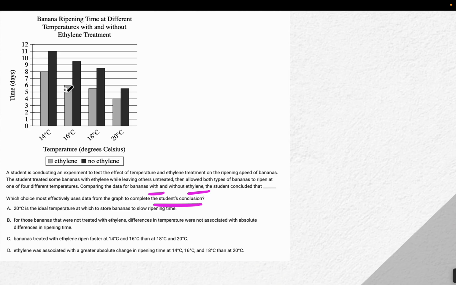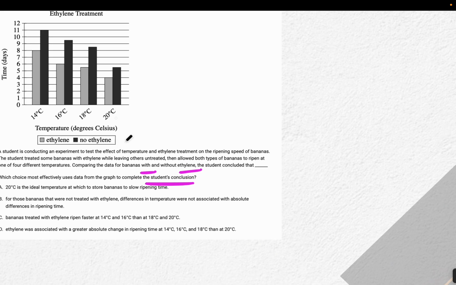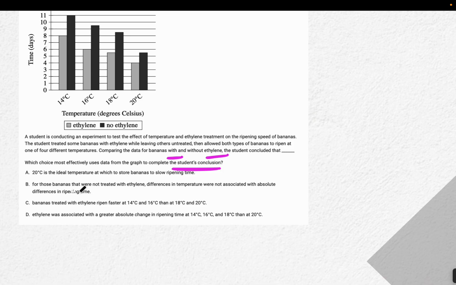So choice A is not correct, because the graph shows that ethanol-treated bananas stored at 20 Celsius ripen faster, in 4 days versus 5.5 days for untreated bananas. Basically this is incorrect.